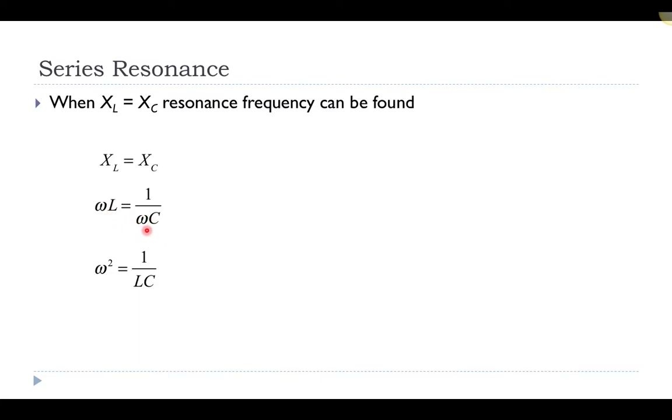I bring the angular frequency up here and the inductance down here, and I get that the angular frequency squared is equal to 1 over the inductance times the capacitance. If I take the square root of both sides, I get that the series resonance angular frequency is 1 over the square root of the inductance times the capacitance.